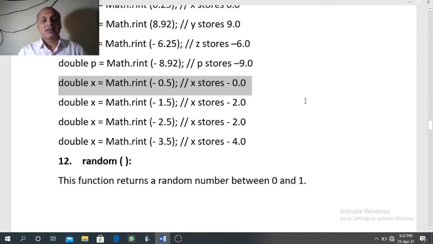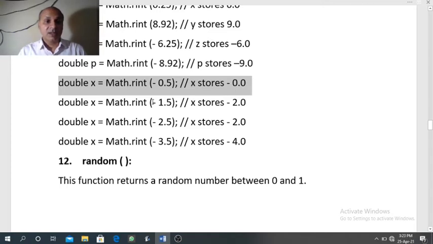This number is exactly between minus 0 and minus 1. So between two integers, exact middle point we have. In that case, we will get the nearest even integer. So between minus 0 and minus 1, even integer is minus 0. So we will get minus 0.0.